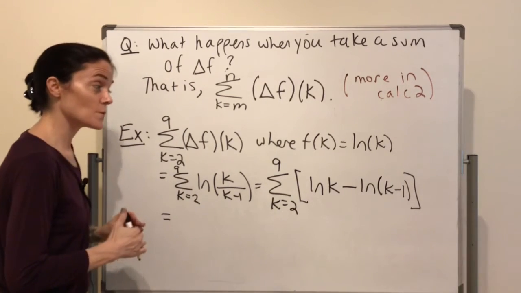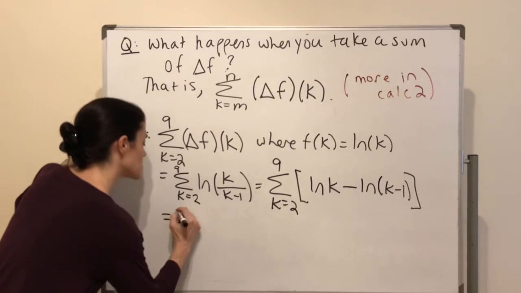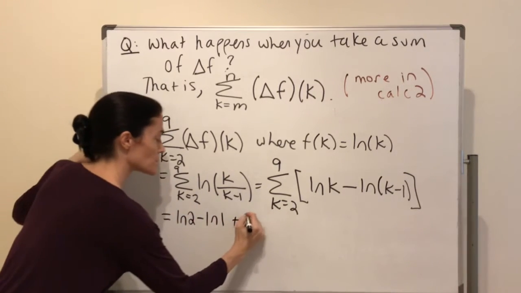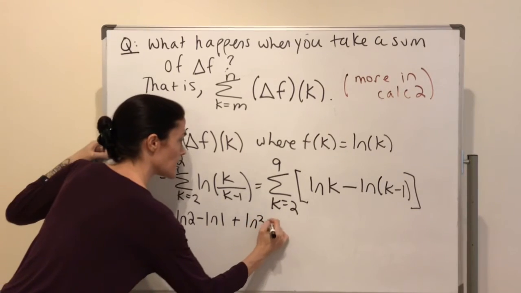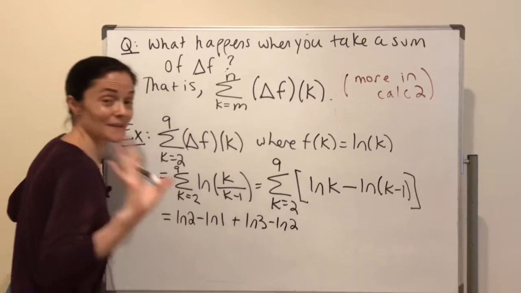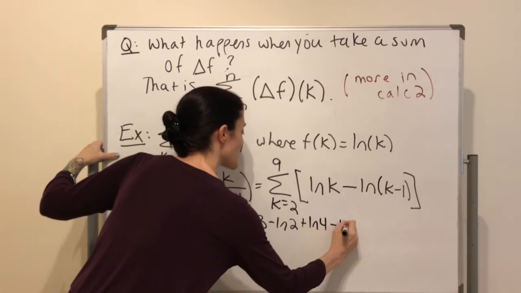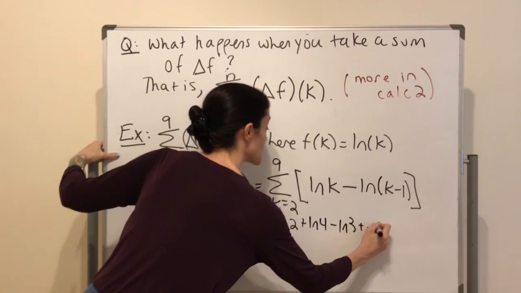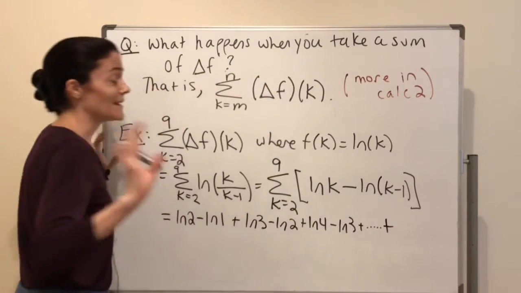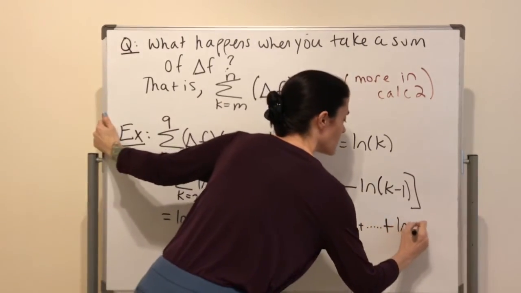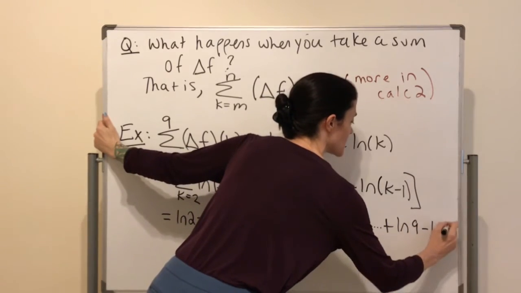Okay, when k equals 2, we get ln 2 minus ln 1. When k equals 3, ln 3 minus ln 2. When k equals 4, ln 4 minus ln 3. And this will continue until we get to k equals 9, where we get ln 9 minus ln 8.